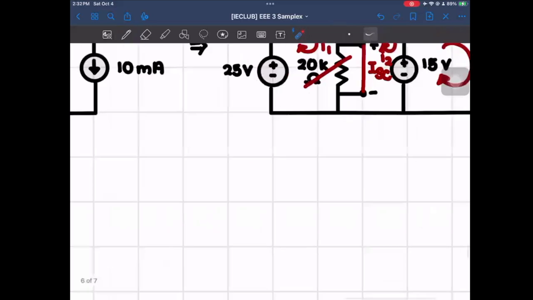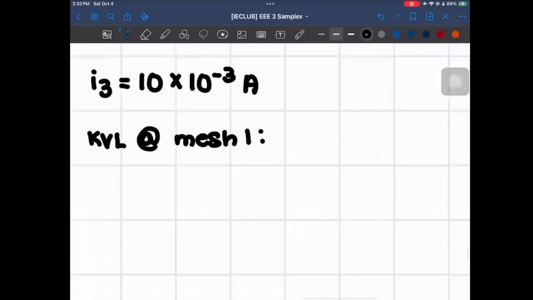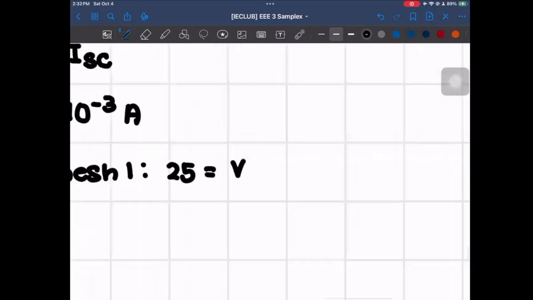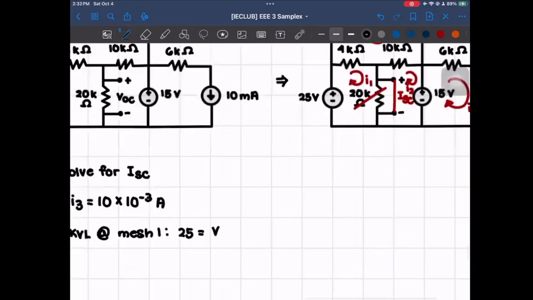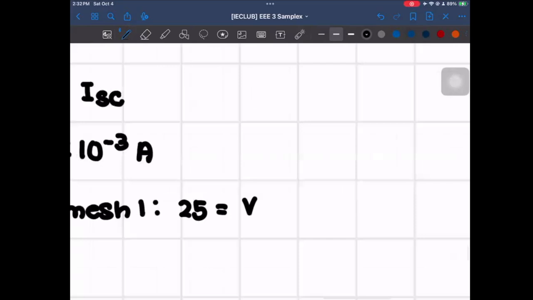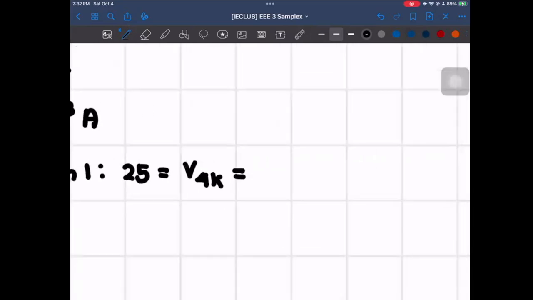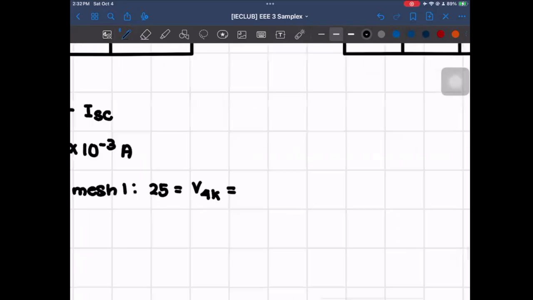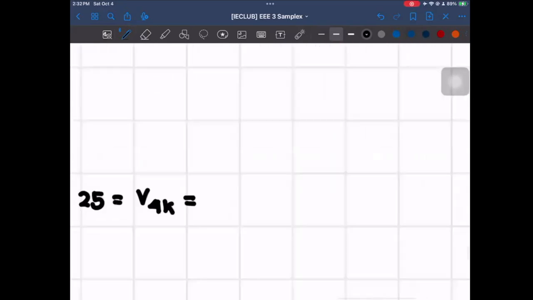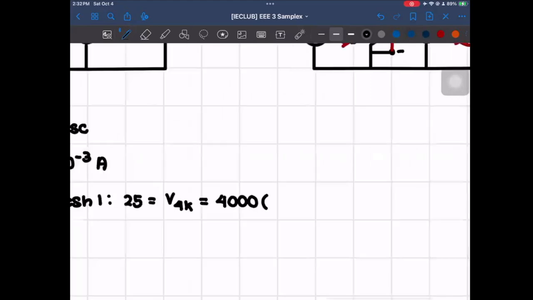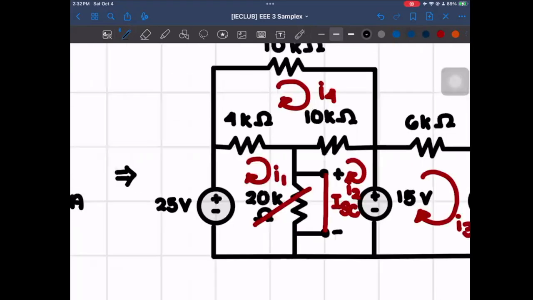So that will be 25 is equal to V 4000, which if we were to convert that into the I variables, what we'll end up having is 4,000 times, if we look, 4K ohms is in between I4 and I1.